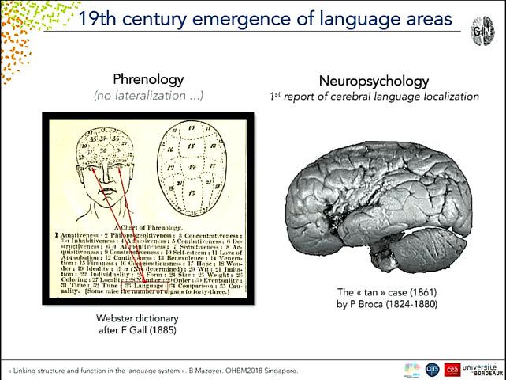But then, at about the same time, came what we name the neuropsychological approach, which is connecting lesions with brain functions to show that there was some relationship between anatomy and language. This is the first case described by Paul Broca in 1861, of a patient with a loss of articulation.